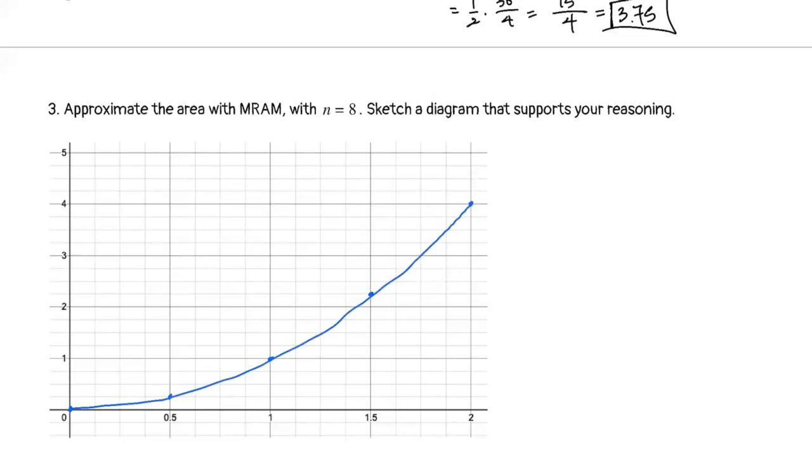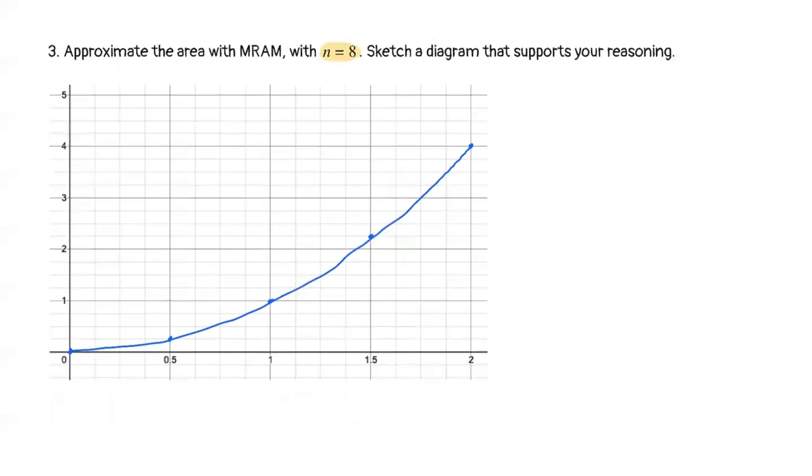All right. Now this time I'm actually going to read what I typed, which is that this time we want n equals 8. Based on what we have in our picture here, how big is the base for each rectangle?